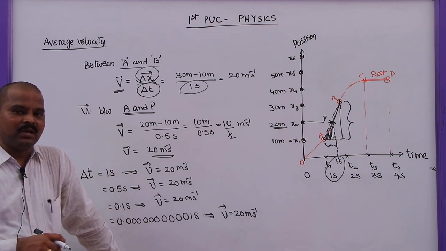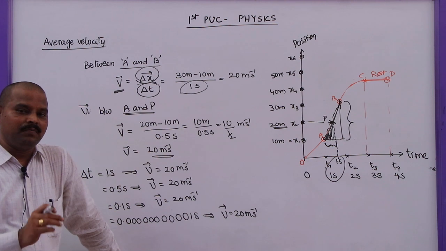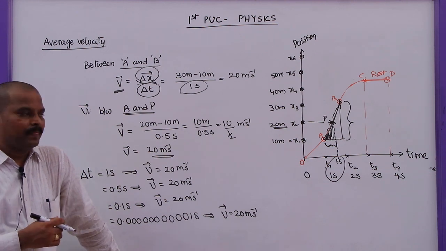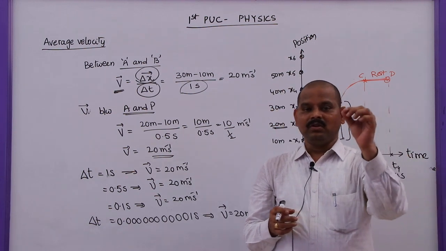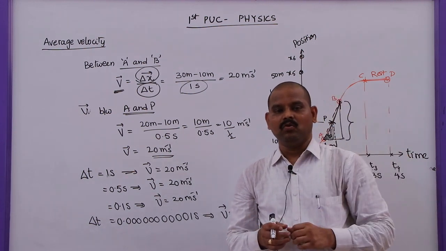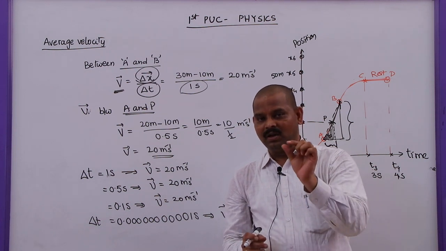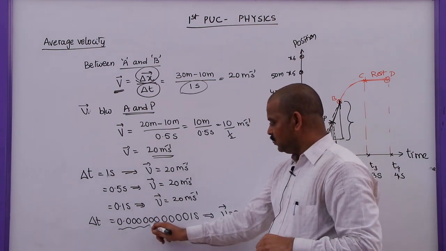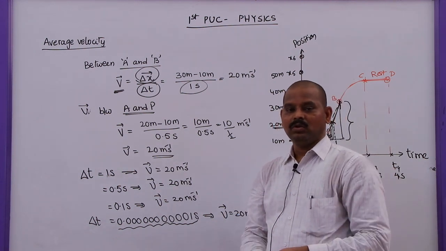So based on this, Newton tried to find the velocity for a fraction of a second, and for every tiny fraction of a second, he found that the velocity remains the same. Then finally, if the time is reduced to a very small value, what is that small value? He found that this time interval is almost equal to 0 but not equal to 0.